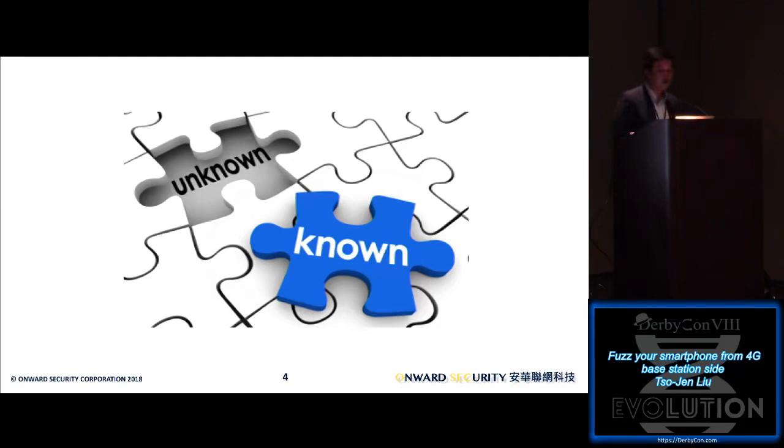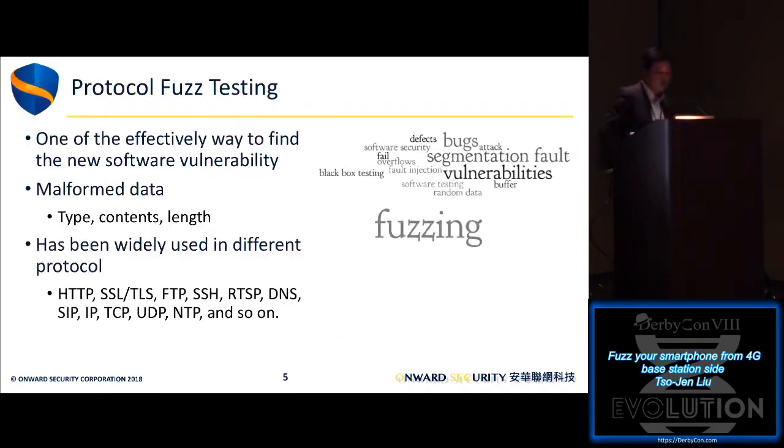Fuzzing is one of the most common and effective testing techniques to find unknown vulnerabilities. Simply speaking, in fuzzing we send something wrong or bad to the target, maybe an application or some network service.